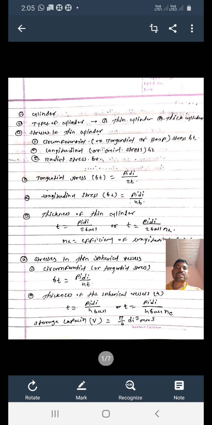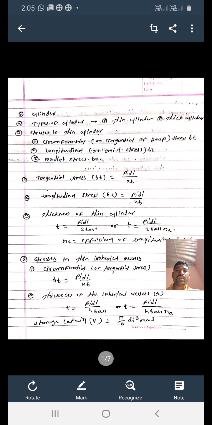And thickness of the cylinder we have calculated: t is equal to P di divided by 2 sigma allowable, or we can say t is equal to P di divided by 2 sigma all into eta L. Eta L is the efficiency of the longitudinal joint. Yesterday we have seen this.